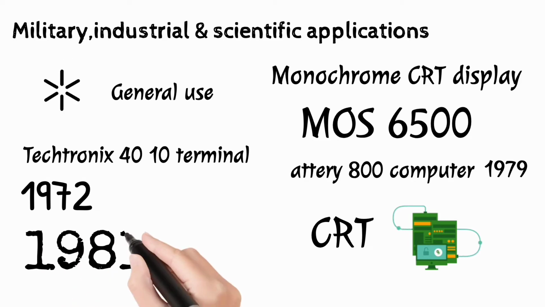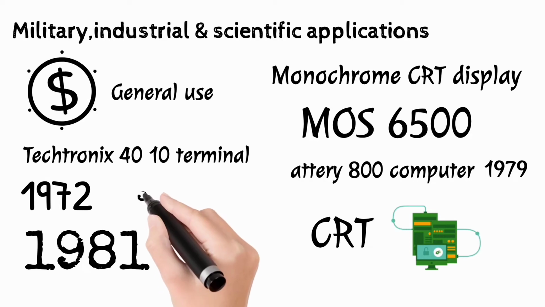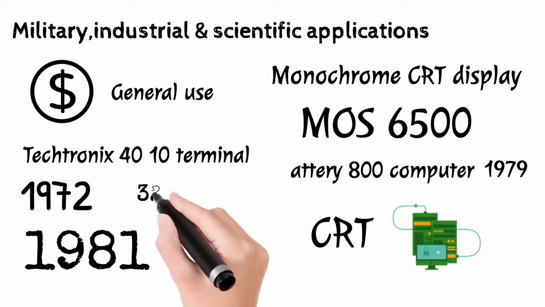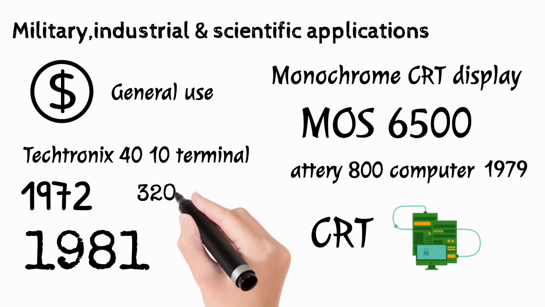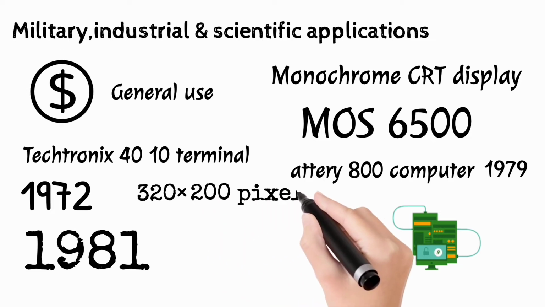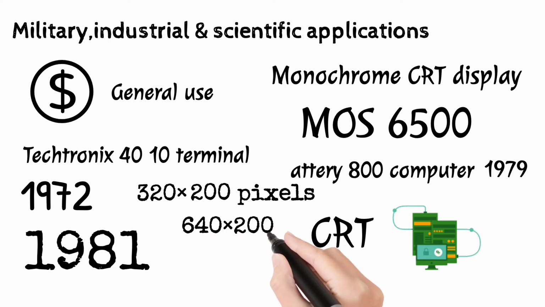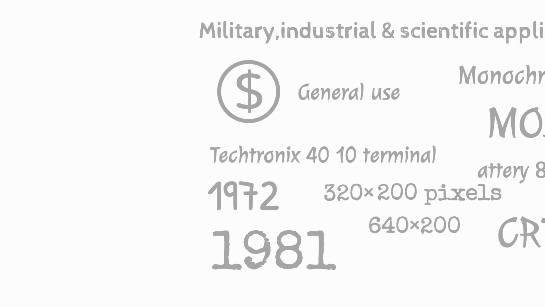Lagging several years behind, in 1981, IBM introduced the color graphics adapter, which could display 4 colors with a resolution of 320 × 200 pixels, or it could produce 640 × 200 pixels with 2 colors.